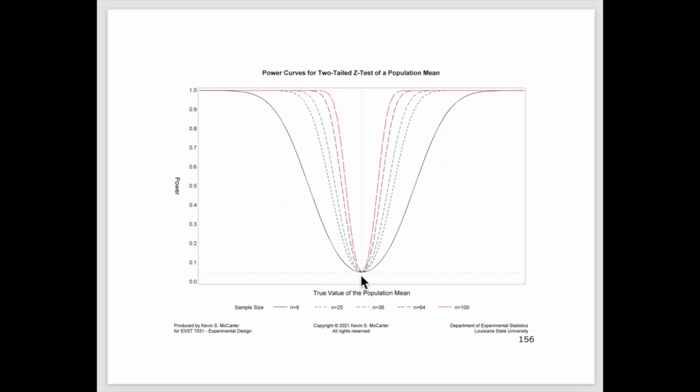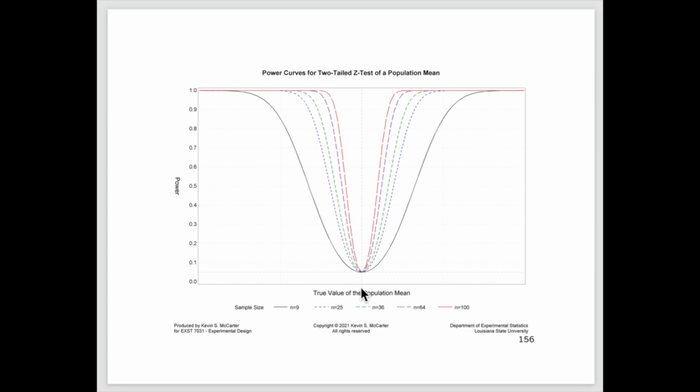That's the significance level of the test. Remember that that is the probability of a type 1 error, right? So if mu is equal to mu sub 0, the null hypothesis is true. We don't want to reject it, but there's always the possibility of rejecting it. And that probability is 0.05. And so that's why those 5 curves go through that particular point.